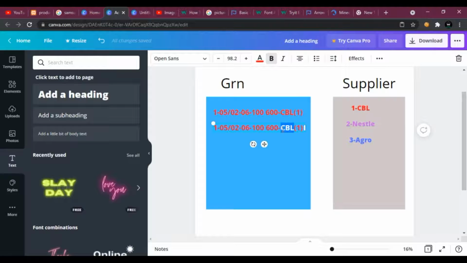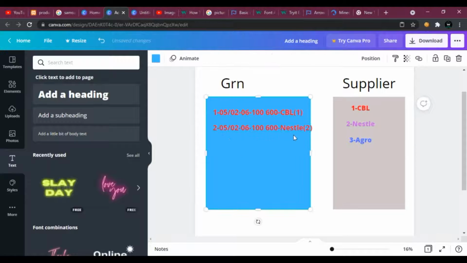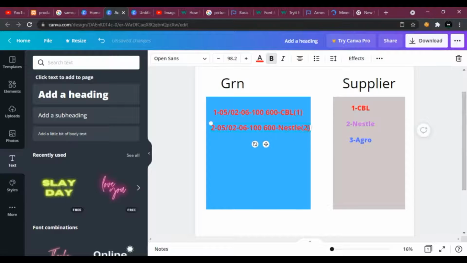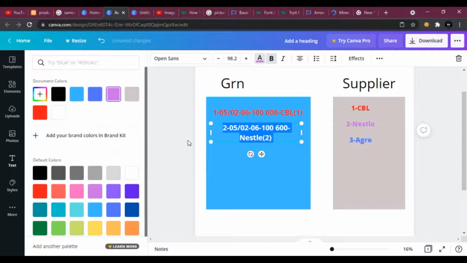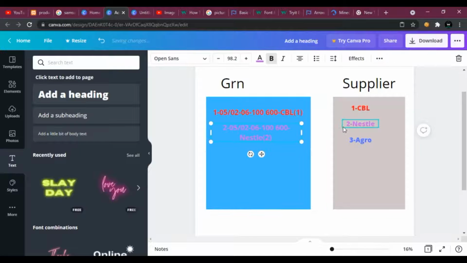Also, he bought 6 chocolates from Nestle. So the ID is 2, and here the GRN ID is also 2, and the color must be this color. So Nestle is this one.